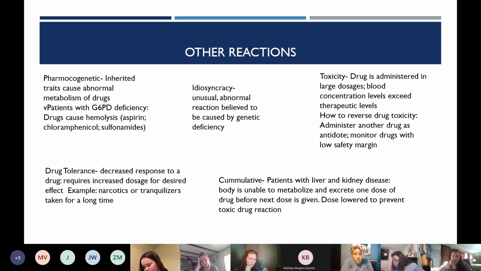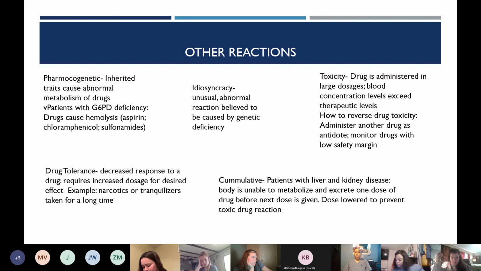So if there is a toxic level of a drug, if it's known, not always, but most of the time, if it's known to be harmful in toxic levels, there has been an attempt to make an antidote, which would be something to cancel that out. But your biggest role in toxicity is knowing ahead of time that they have a low safety margin or a narrow therapeutic index, and to be on the lookout.